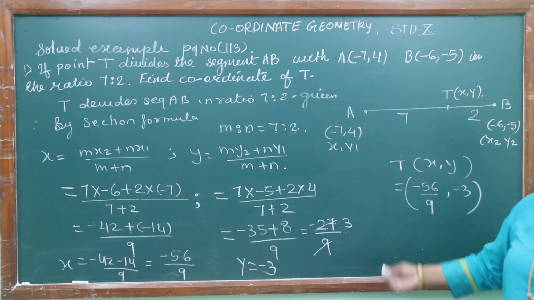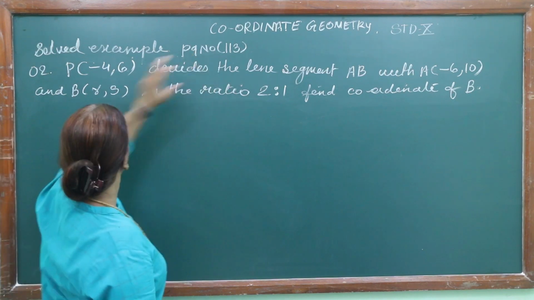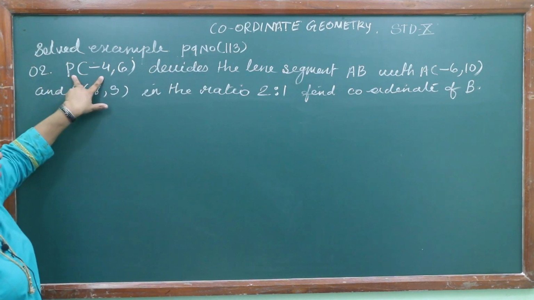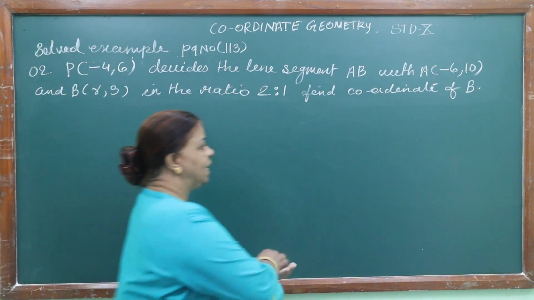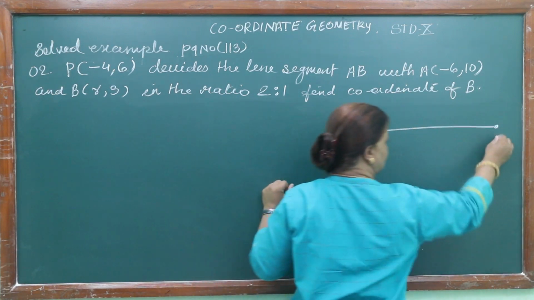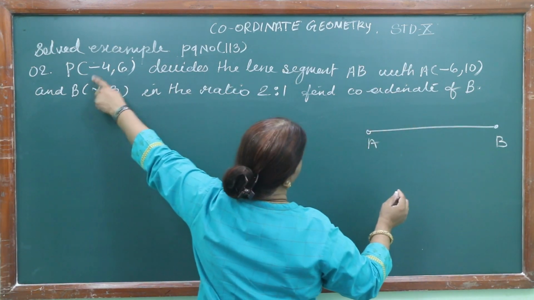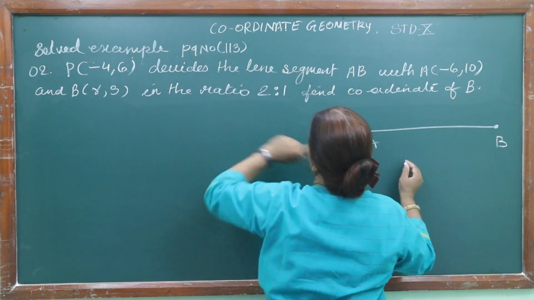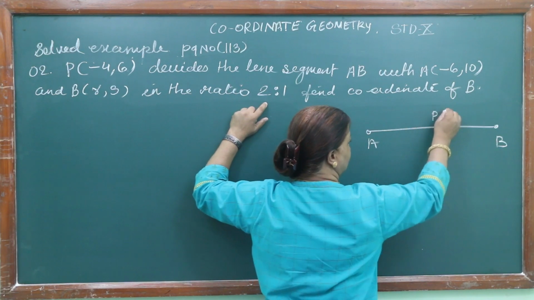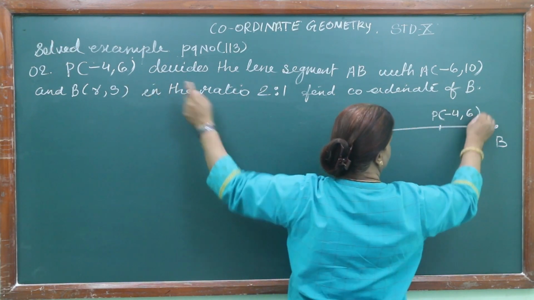You can pause the video and solve the sum, children. Solved example from page number 113, solved example 2. There is a point P which divides the line segment AB. This is your line AB, and this point P is dividing line AB in the ratio 2:1. Its coordinates are given, children, now minus 4, 6.